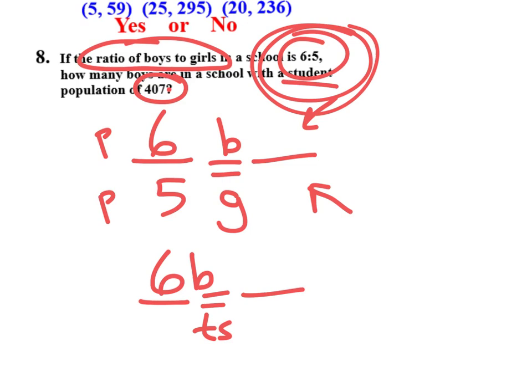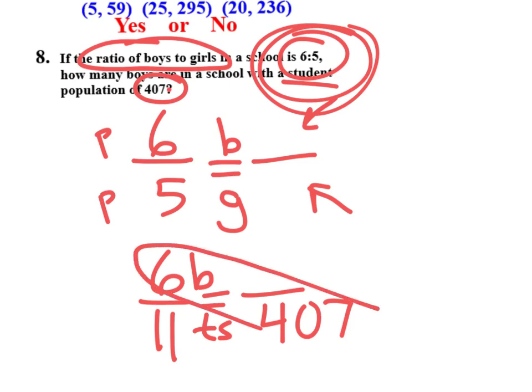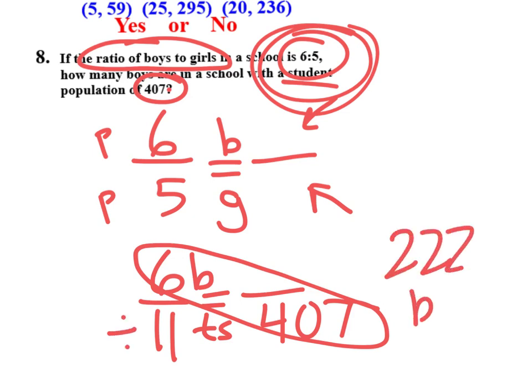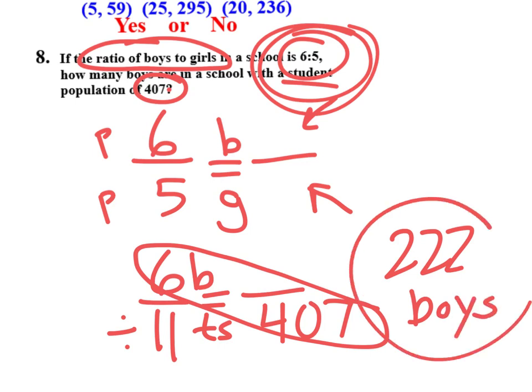Then I'm going to say, okay, well, that's 11 total students. So now I can put that in and have the correct label, because now the 407 matches right there. And all I have to do is take 6 times 407, then divide by 11. And that gets me my answer of 222 boys in the school. 222 boys.